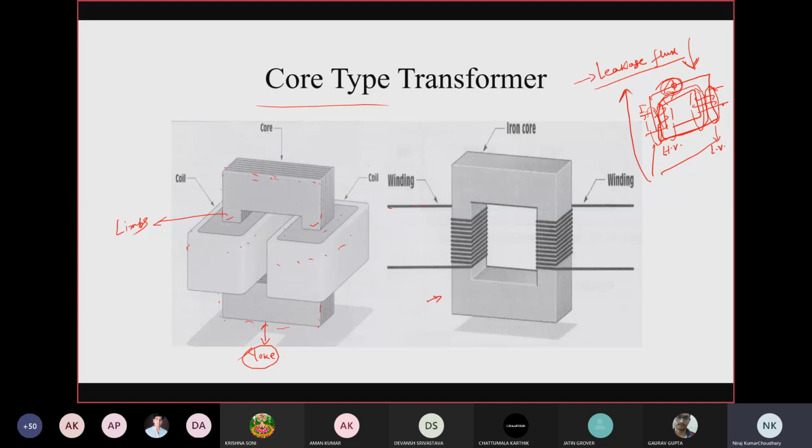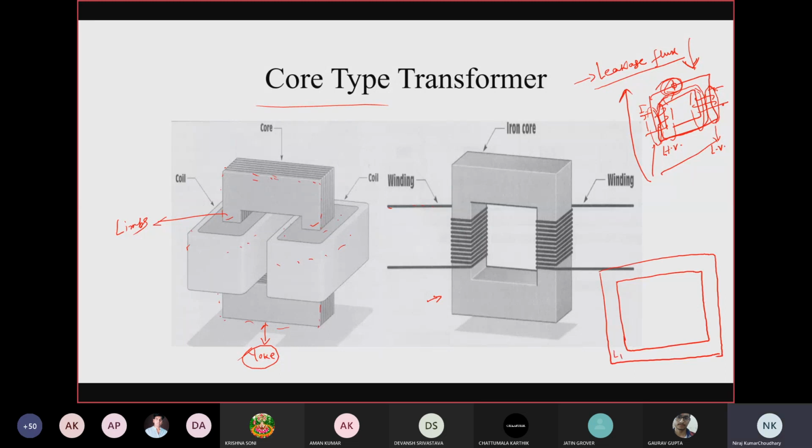So in case of core type transformer, this can be achieved by placing half of the winding, suppose low voltage winding, over one leg and other half of the winding on the second limb or leg of the transformer. Means मैं कहना क्या चाह रहा हूं कि सपोज जैसे कि फिर से ये डायग्राम ड्रॉ करें हम लोग, right?